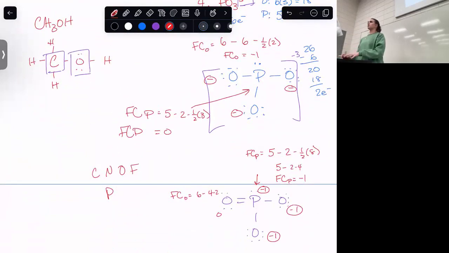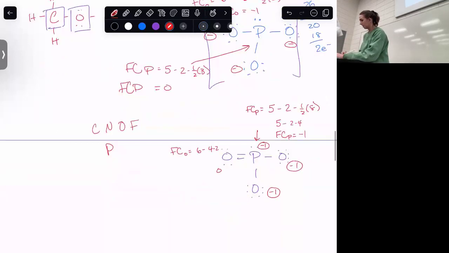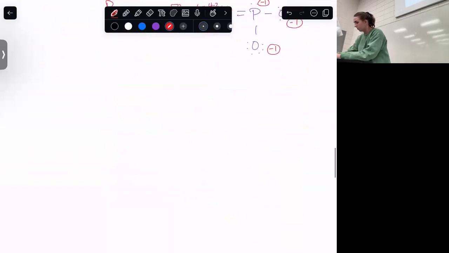Any questions on resonance structures, formal charge, Lewis structures? Does that help? Okay. And then we talked about one example in class. It was ClO3 minus.